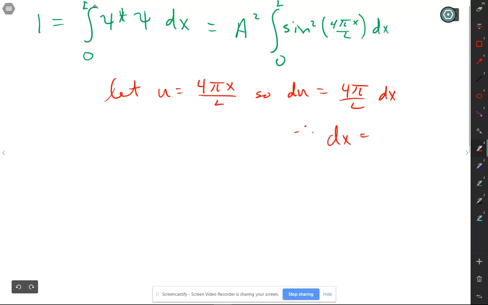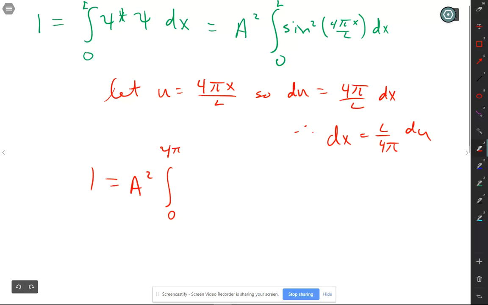Therefore, dx is equal to L over 4 pi du. And I have 1 equals A squared integral from 0. And let's just put it, instead of L for my limit, I'm going to put 4 pi.